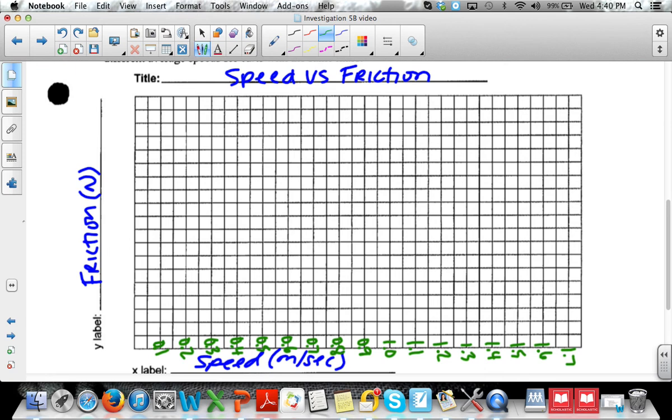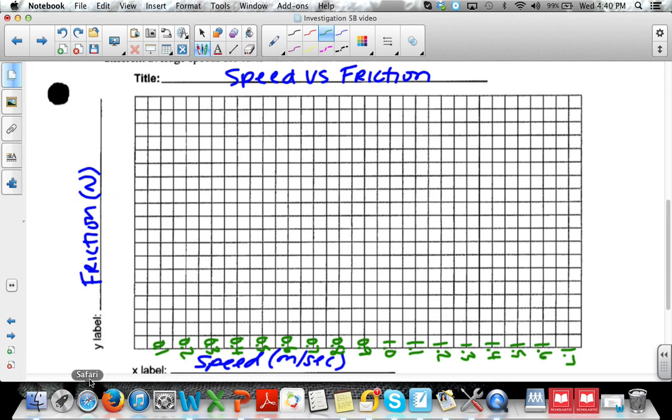I have example data here. Alright, so I'm going to save that one and we'll see how our data looks tomorrow.